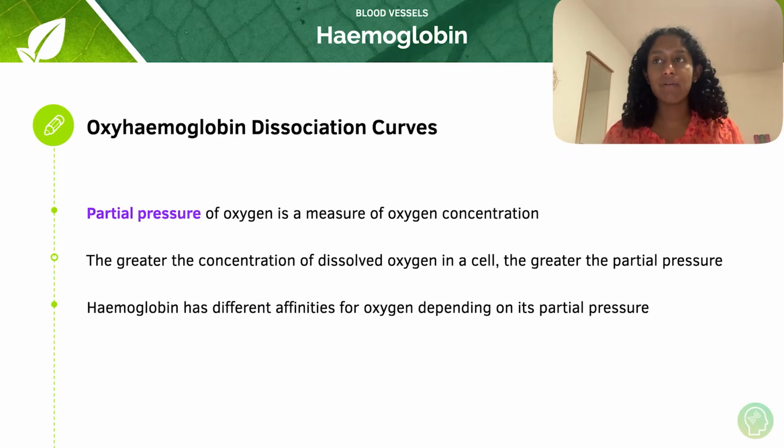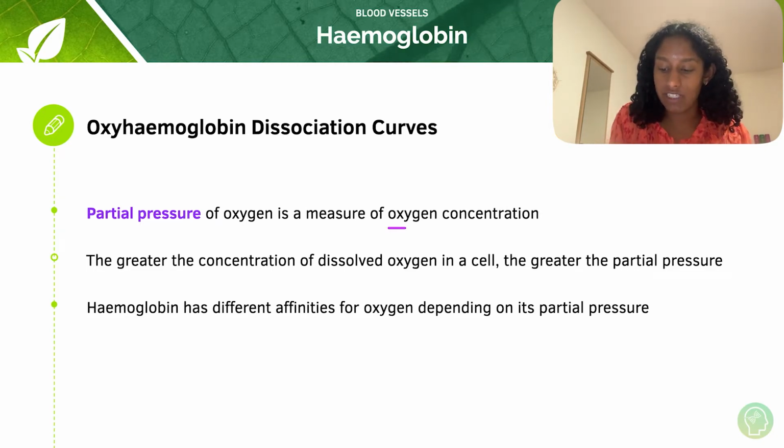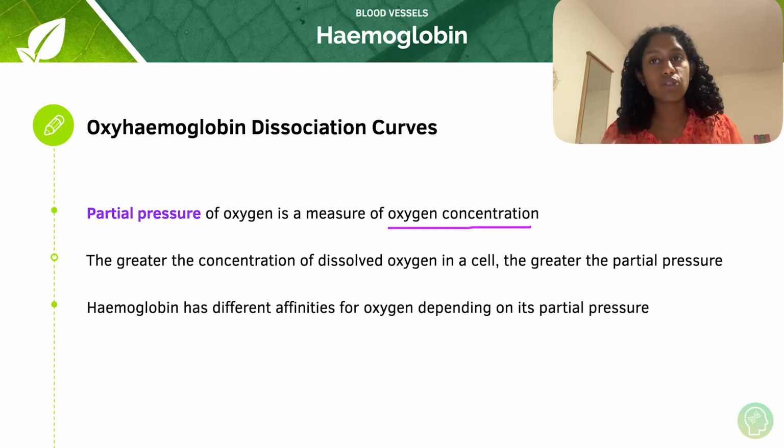Now let's think about our different terminologies when it comes to oxygen. Partial pressure of oxygen is a measure of the oxygen concentration. A high partial pressure of oxygen corresponds to a high concentration of oxygen, and vice versa, a low partial pressure corresponds to a low oxygen concentration. Haemoglobin has different affinities for oxygen depending on its partial pressure.